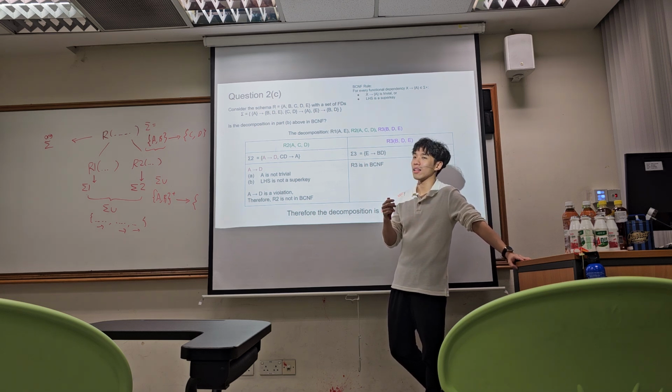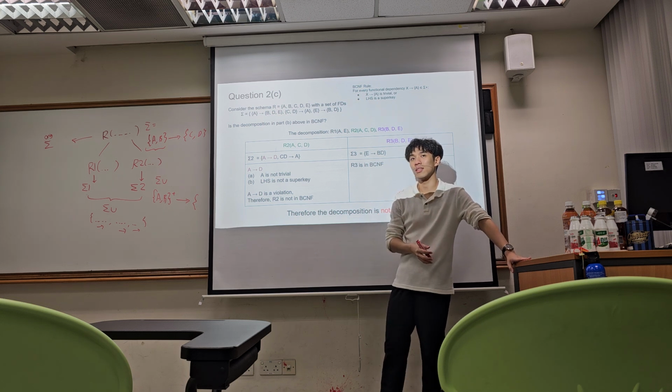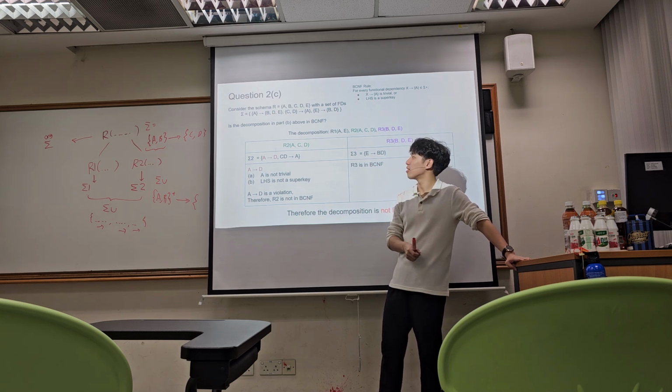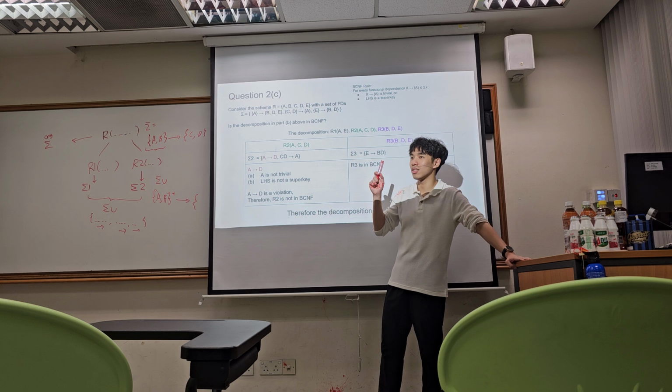What are the further steps that we need to take to get a BCNF decomposition? Find the functional dependency violating BCNF. Yes, we further decompose the R2 here.